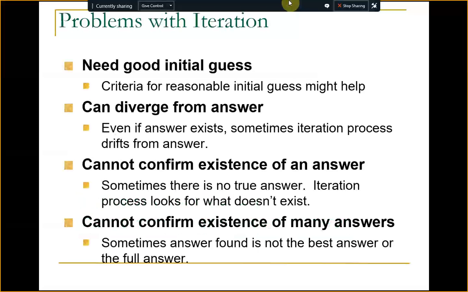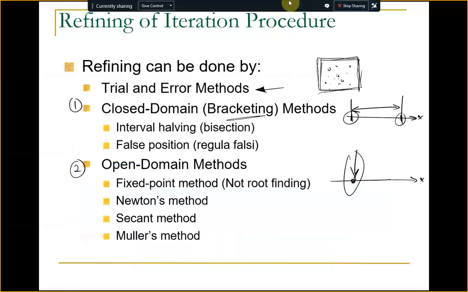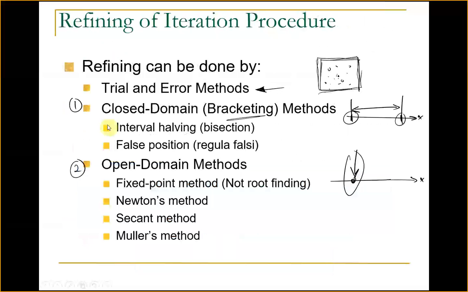Let me go back, show you something. Here are the different types of iterations that we'll cover. You see how many here? 6 of them. So note, of the 6, these five are root finding.